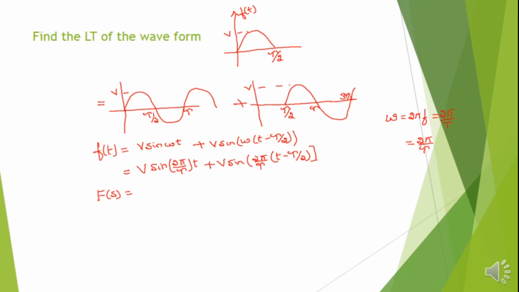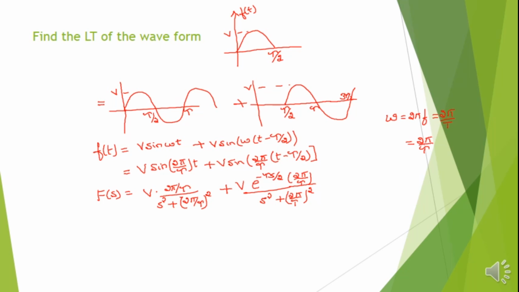V sine omega t with omega 2 pi by tau gives V times 2 pi by tau divided by s square plus 2 pi by tau whole square, plus V into, since this is the shifted signal, e to the power minus tau s by 2 times 2 pi by tau divided by s square plus 2 pi by tau whole square.